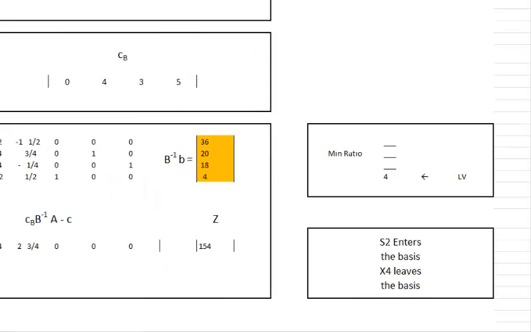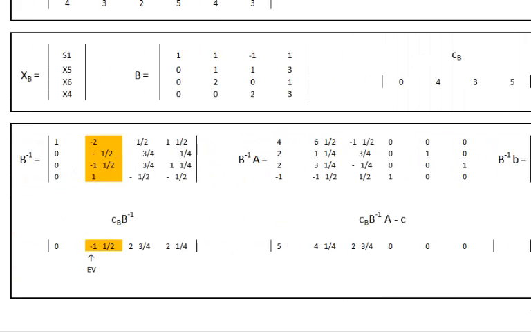Under the B inverse, this is associated with the S2, and this is going to be our pivot column. So we will do the calculations for the right hand side, and these values are calculated, and we are going to do the min ratio calculations, and there's only one that can be calculated, and that is associated with the last one.